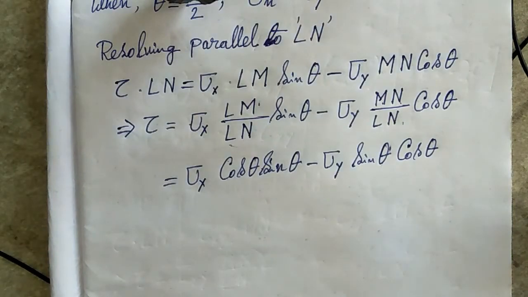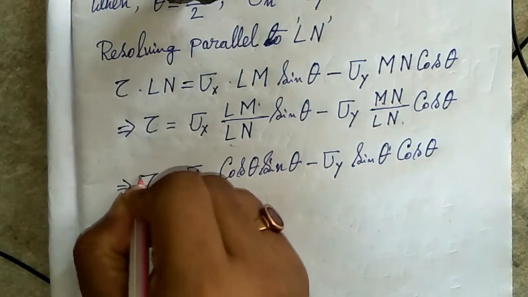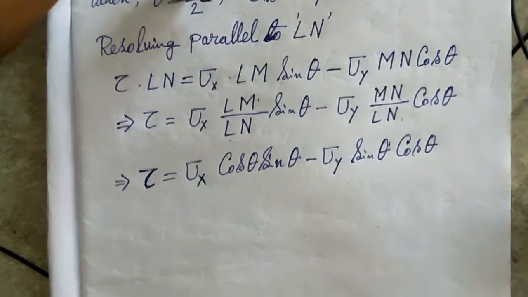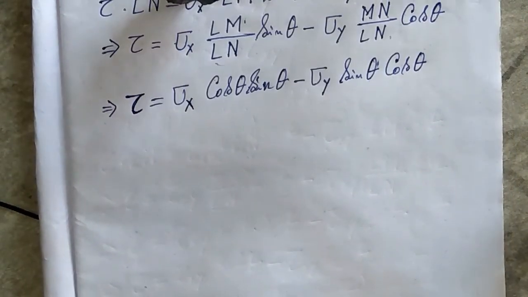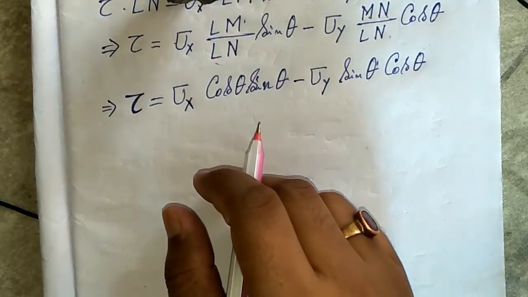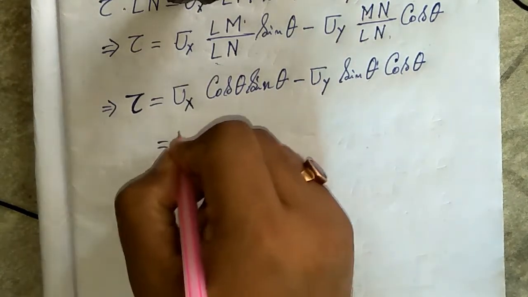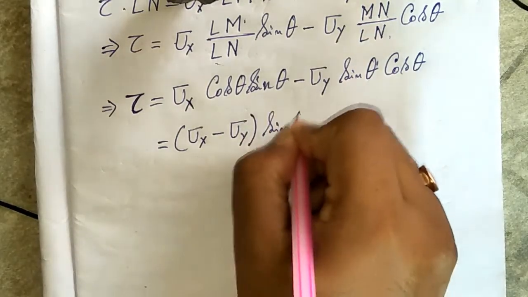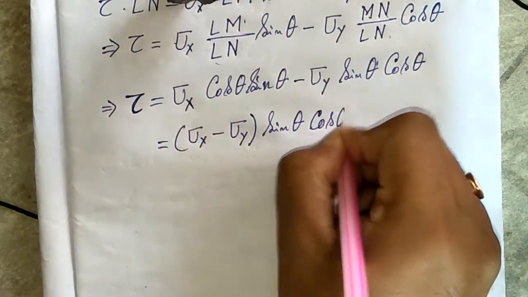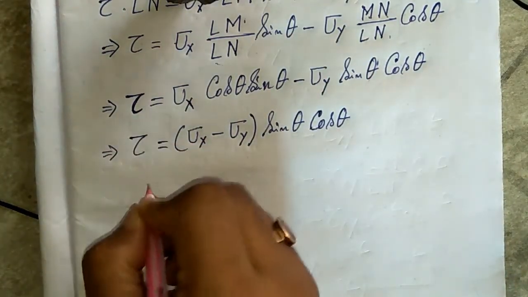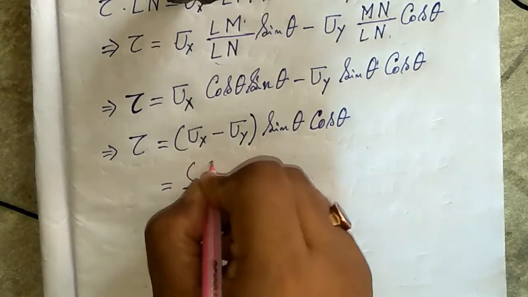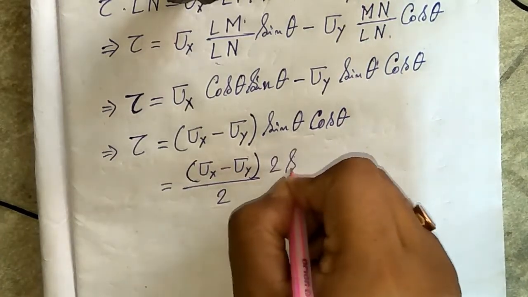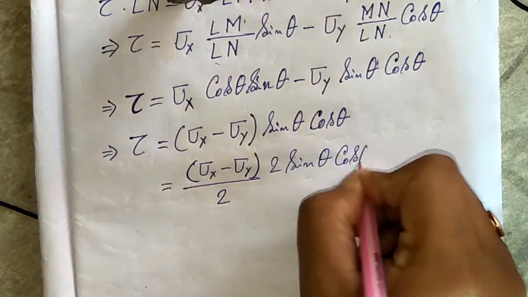Simplifying, that is sigma x minus sigma y into sin theta cos theta, which becomes sigma x minus sigma y by 2 into 2 sin theta cos theta.